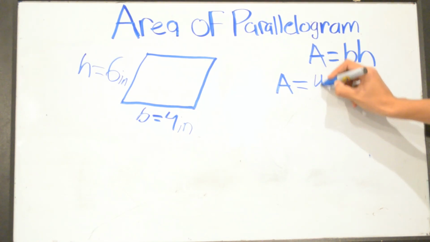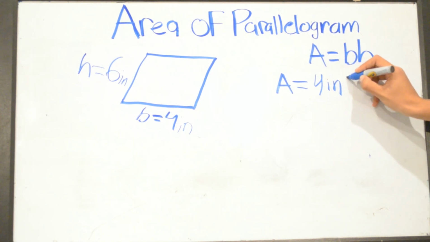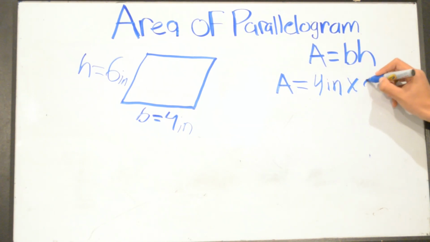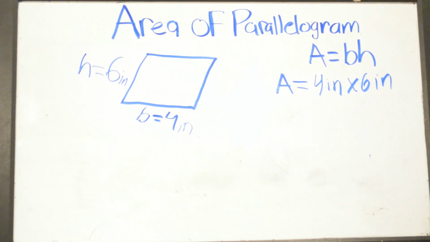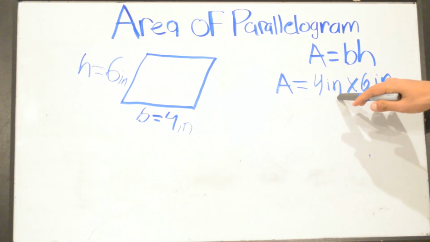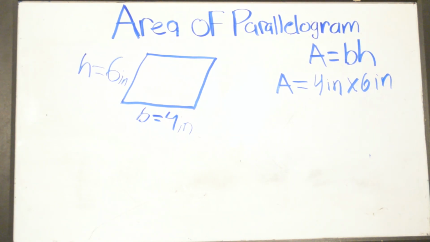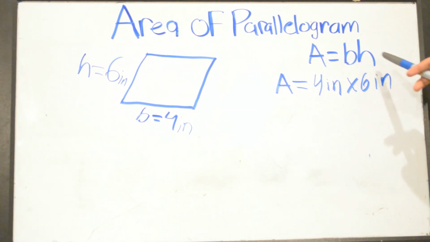4 inches times 6 inches. The reason why we're going to write down 4 inches times 6 inches is because our formula is A equals base times height.